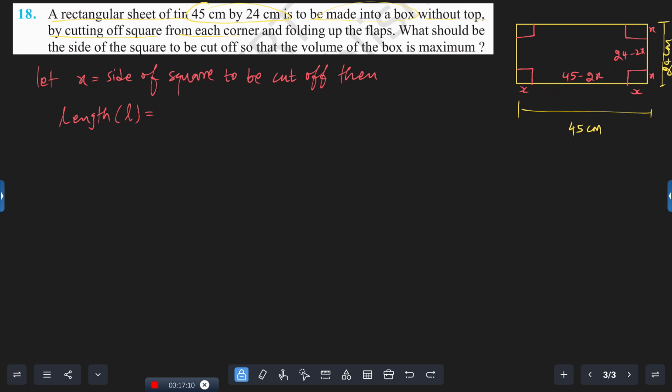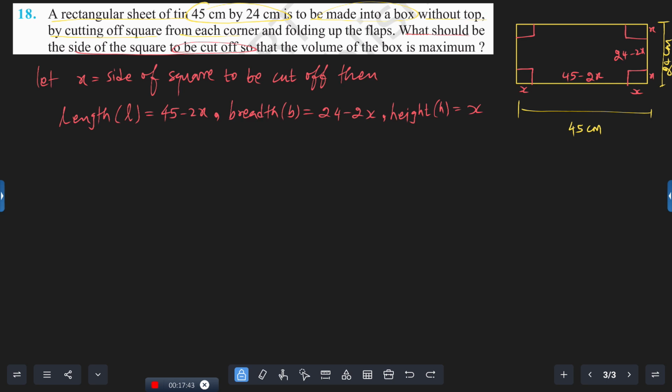The breadth B is 24 minus 2x. And the height, which you are folding, that x only will be the height of the box. Understand? After folding, that is what you will get.